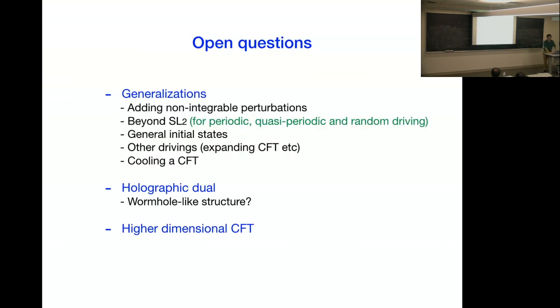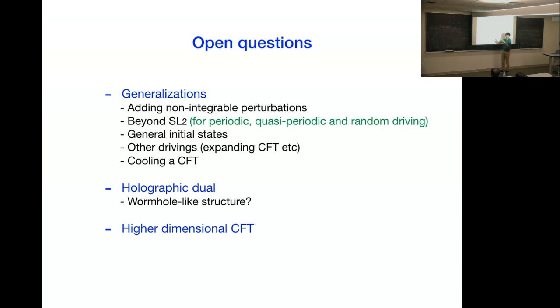Okay, that's the end. The open questions are that we want to work out some generalizations, like adding some non-integrable perturbation, some driving beyond SL2, some general initial state, and other kinds of driving, because the function f we choose can be arbitrary, of other forms. Also, we want to know how to cool a CFT.